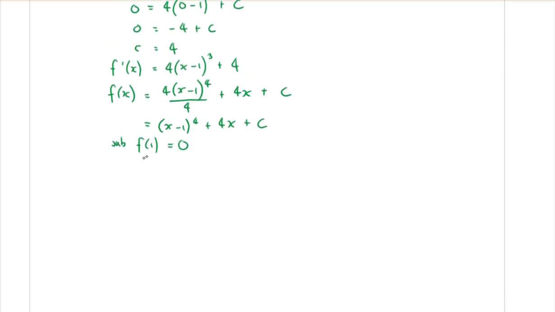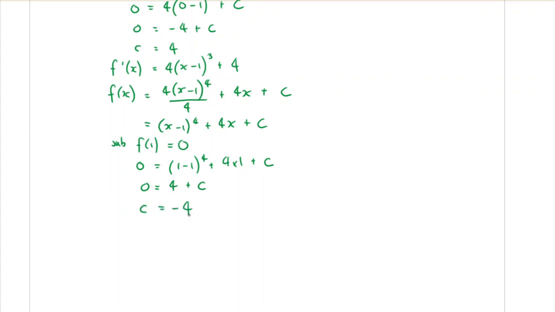So the f of x is 0, but the x values I'm subbing in are 1. So it would be 1 minus 1 to the power of 4. That's just going to be 0. Plus 4 times 1 plus c. So that is just 0 plus 4 and the c, which means that c is going to be equal to -4.